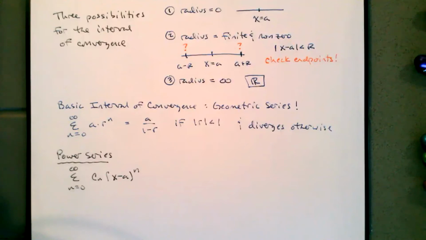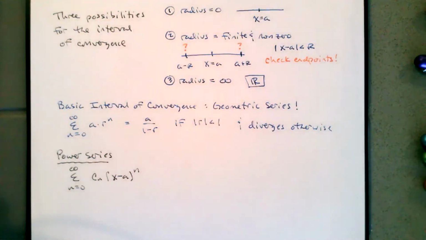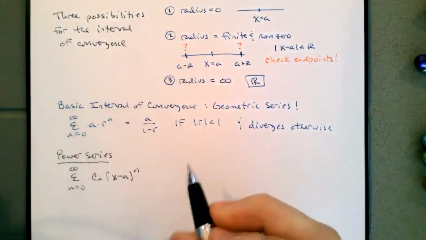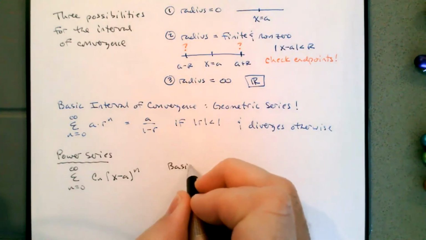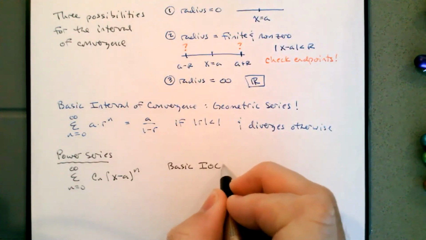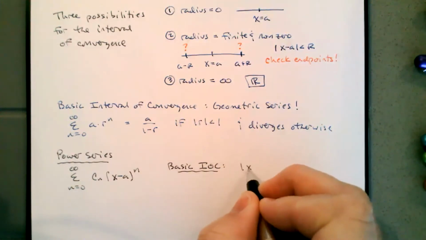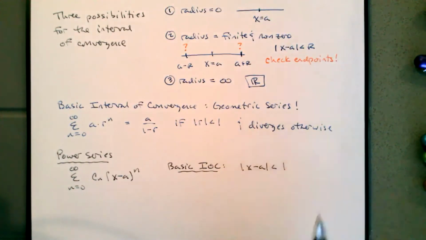So we start by thinking the absolute value of x minus a is less than 1 is going to be our interval of convergence. That's kind of like our baseline. Then we look at Cn and see if Cn is going to change anything about that base interval of convergence. So this is what I call the base model, the base interval of convergence.